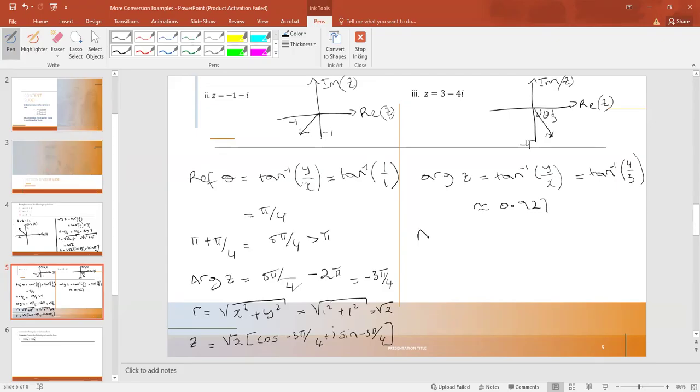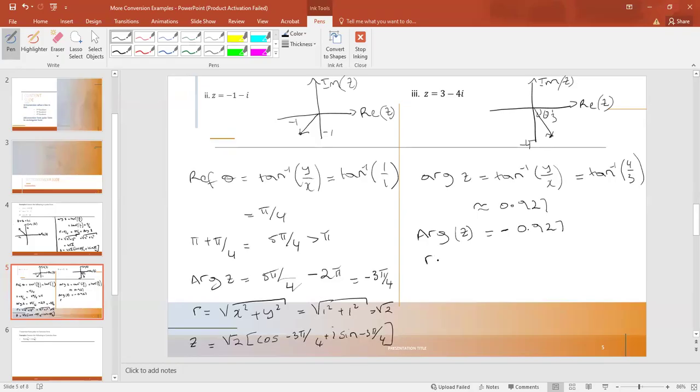But remember, since we are dealing with a complex number in the fourth quadrant, we just attach a negative sign to the argument of z. The principal value is going to be equal to minus 0.927 because the angle is measured in the clockwise direction. Therefore, this is the value we're going to use in the polar form of our complex number.